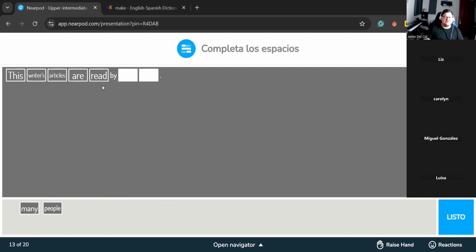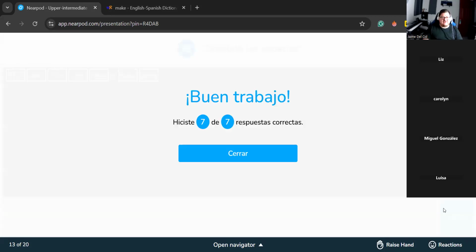I am pronouncing this "red" because that's the past participle. It is not "reed." Read is the simple present, but the past participle is "red." So this writer's articles are read by many people. Los artículos de este escritor son leídos por muchas personas. So that's the information that I want to convey. 7 out of 7. Congratulations. You did a wonderful, wonderful job.